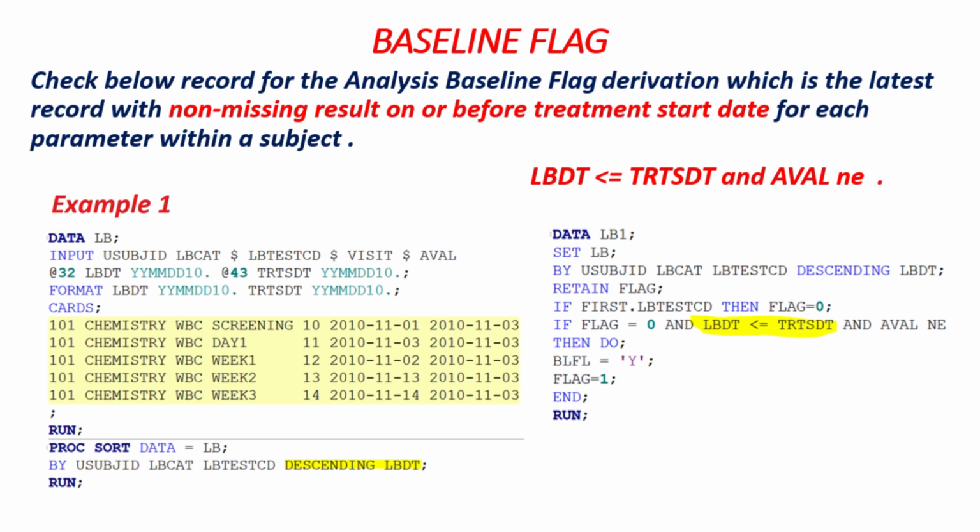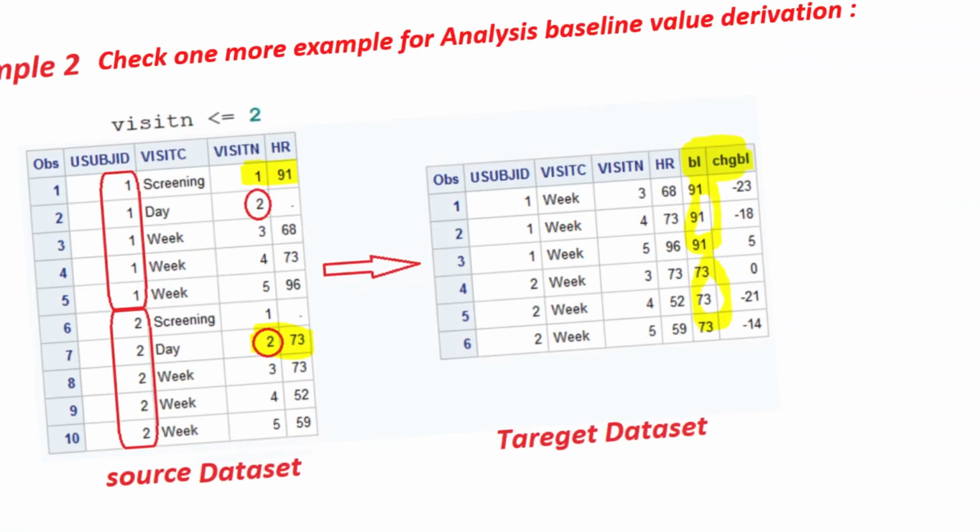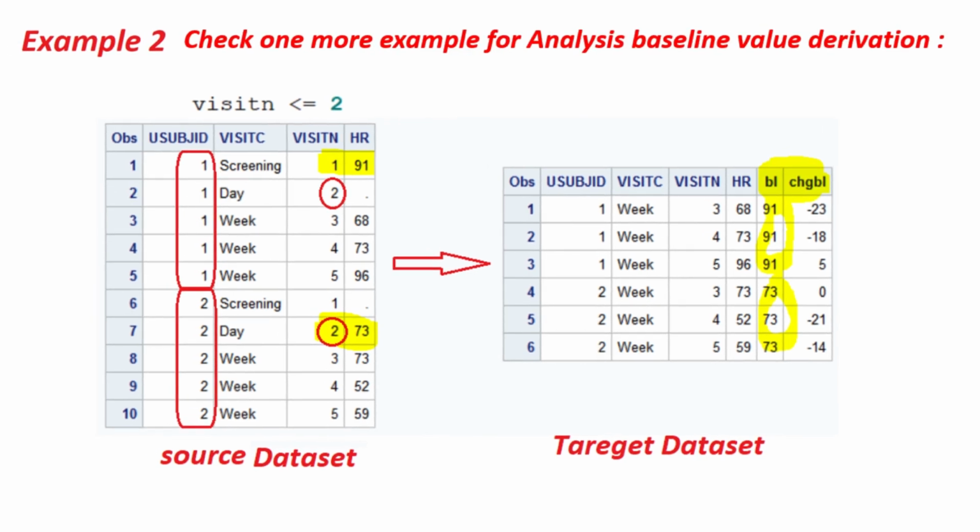Here sort the lab date in descending order, and pick the highest date record. Then using the if first clause, set baseline flag to 0. Next, using an if condition, when analysis date, that is lab date, is less than or equal to treatment start date and analysis value is not equal to null, set the baseline flag to yes.